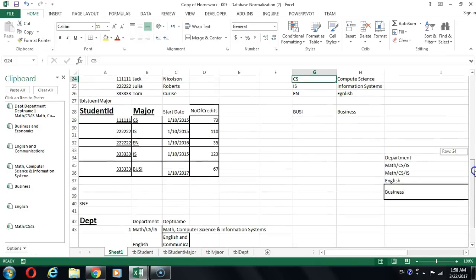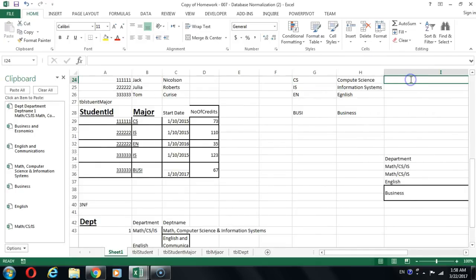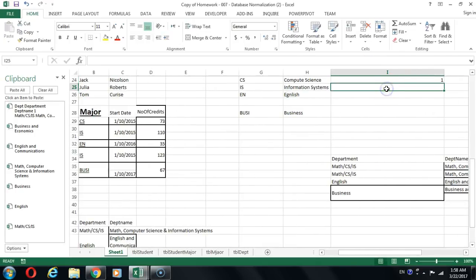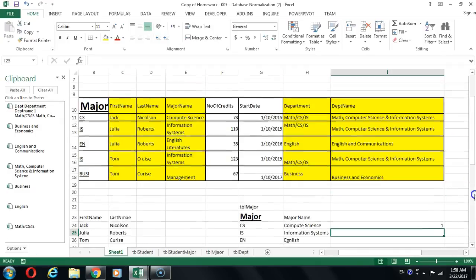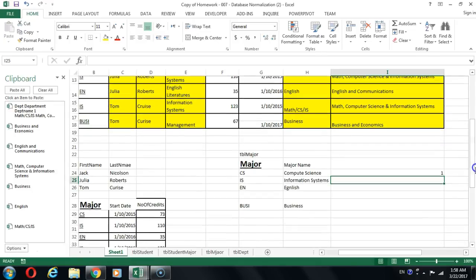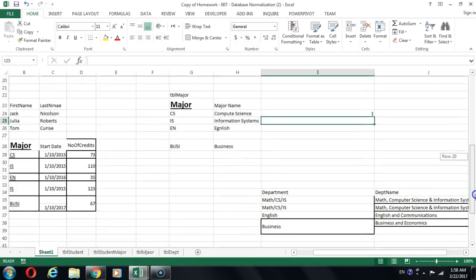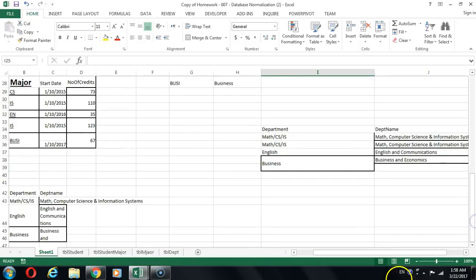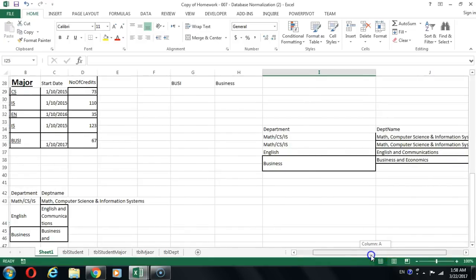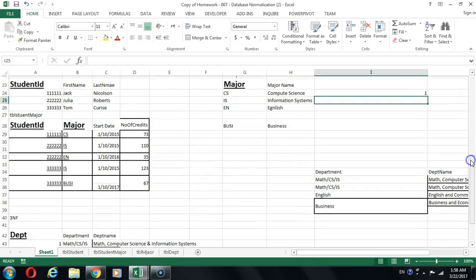In this case, computer science is going to be 1. I can create this here, 1. Let me go ahead and close this since I don't need it anymore. As you notice here, 2 is English and 3 is business.